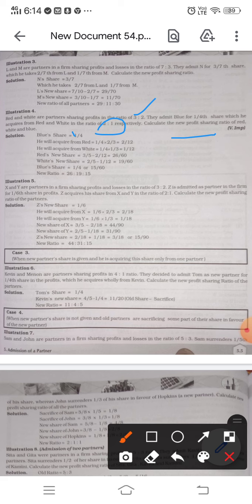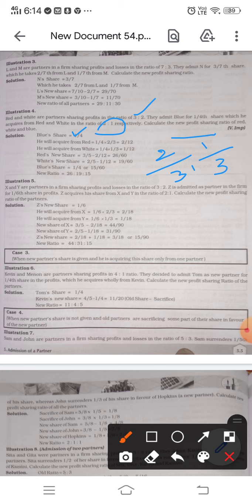What is Blue's share? It is 1/4. He is purchasing that 1/4 from the other two partners in the ratio of 2:1, so from Red 2/3 and from White 1/3.